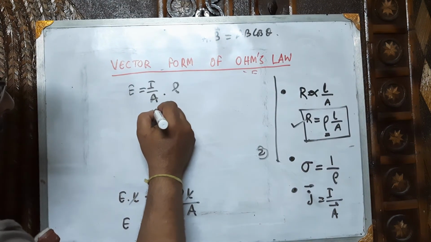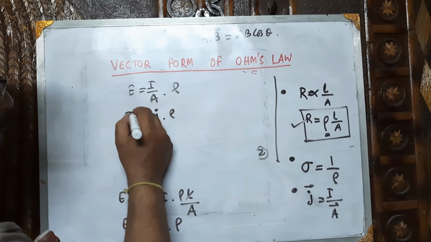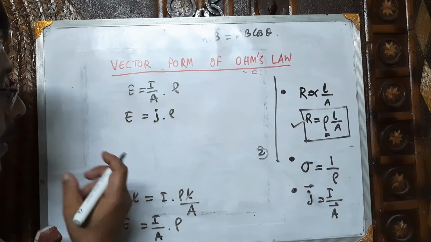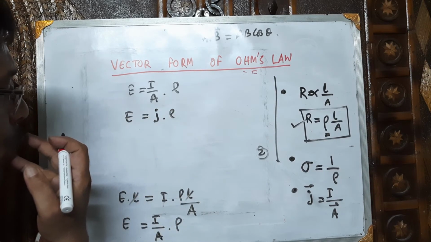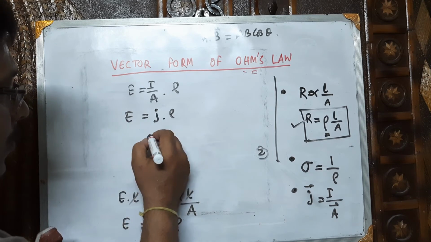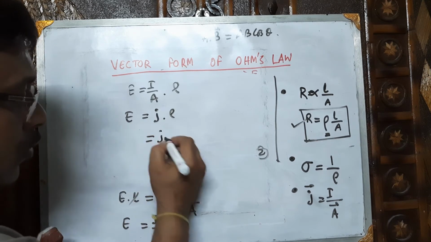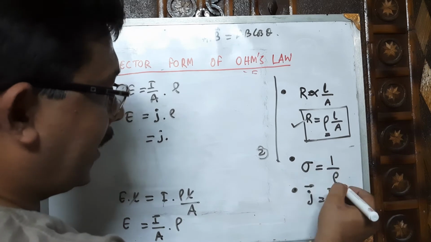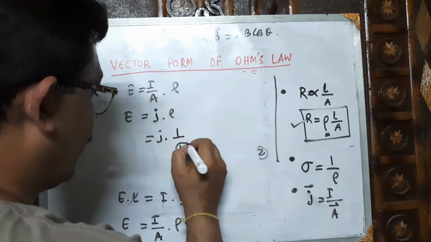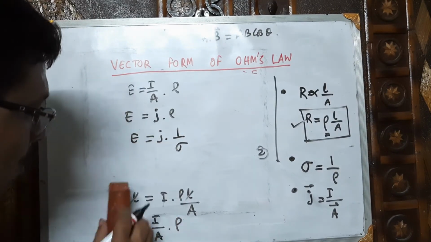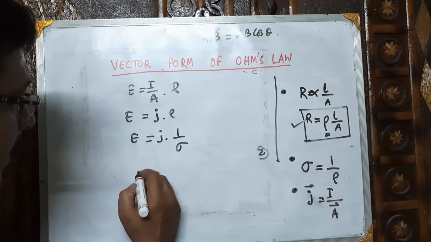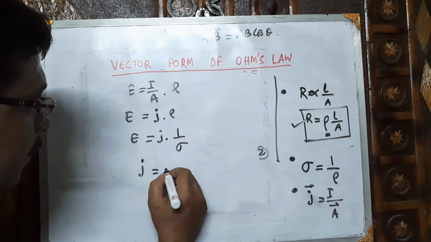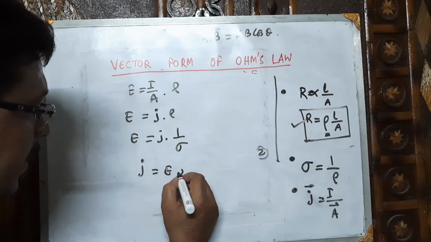So it is J into rho, that is equal to E. Rho is nothing but 1 by sigma. So J into 1 by sigma is equal to E. Or we can write from there that J is equal to E into sigma in this way.